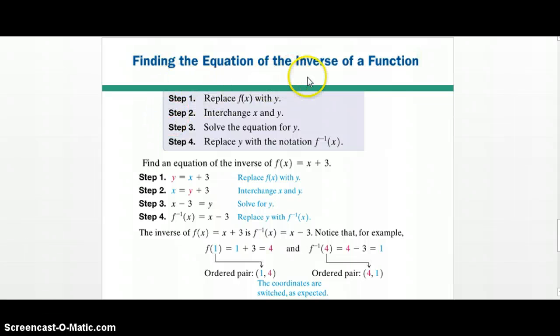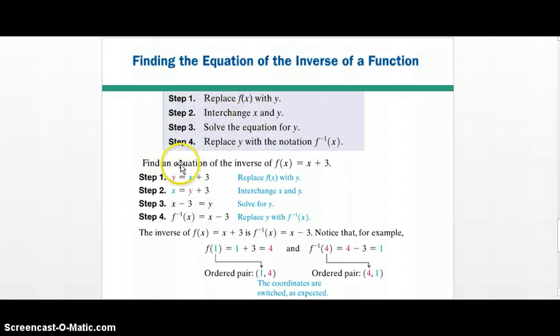Finding the equation of the inverse of a function. There are 4 steps to find the inverse of a function. Let us follow these 4 steps.